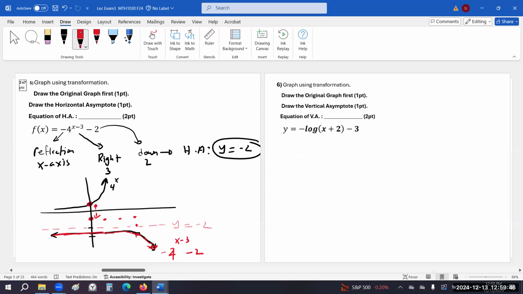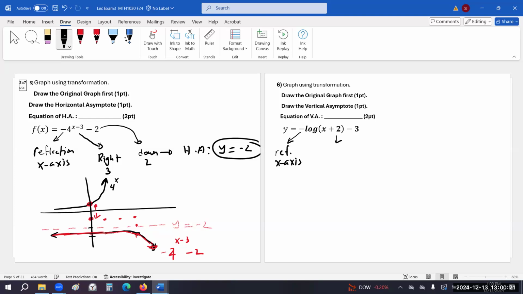The next one is log. It's very similar to what we did. Log and exponential, they're inverse of one another. Since exponential has y-intercept 1, log has x-intercept 1. Since exponential has horizontal asymptote, log has vertical asymptote. They're inverse of one another. So again, this is reflection about x-axis.